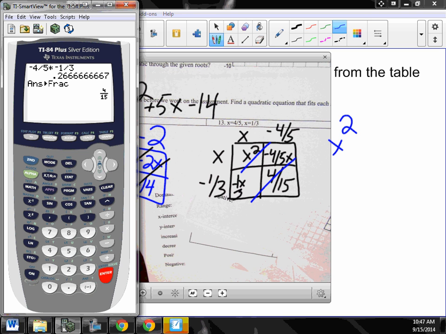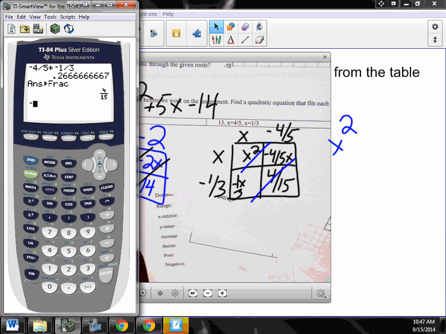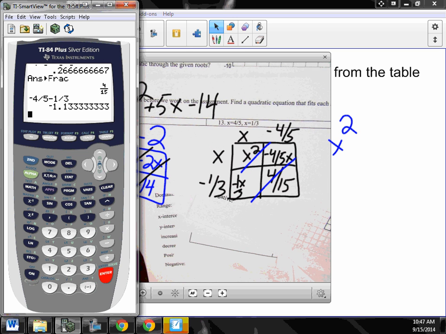X squared. What is negative 4/5 x minus 1/3 x? I don't know. Let's ask the calculator. Negative 4/5 minus 1/3. Again, it's going to give me a decimal answer. So I push math fraction.